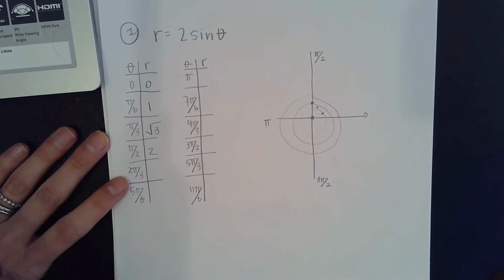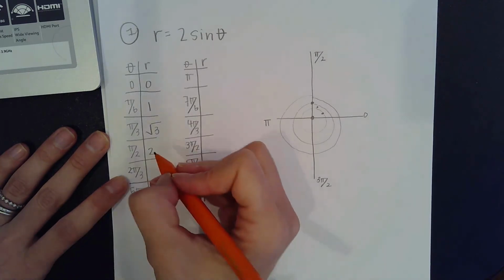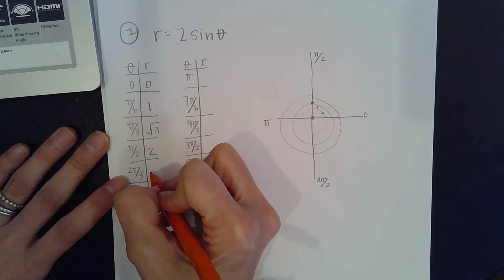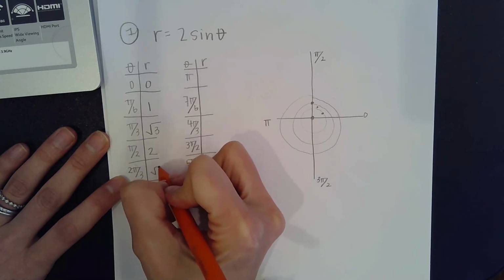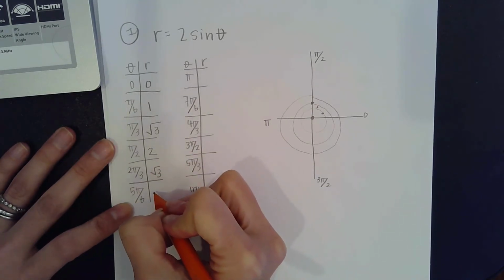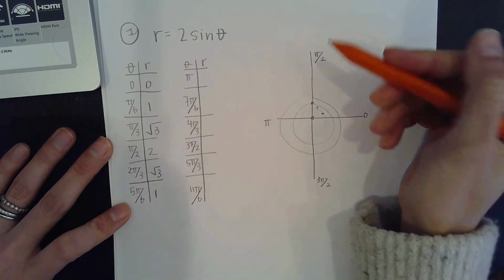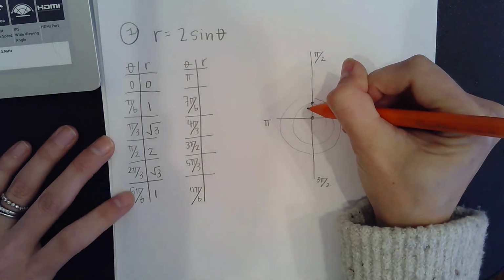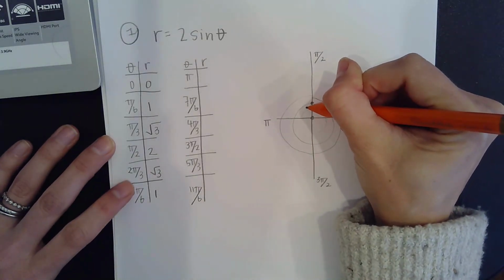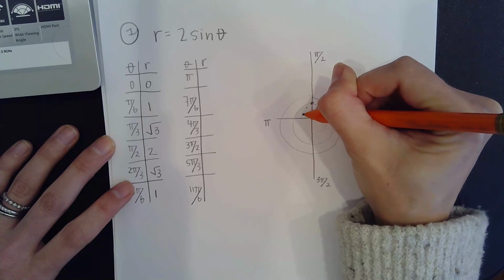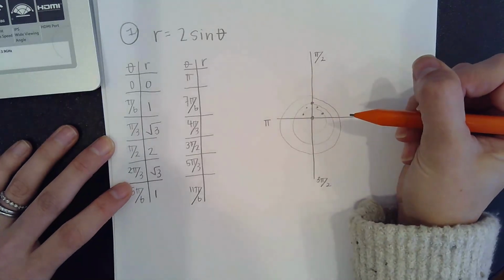Then at 2 pi over 3, sine of 2 pi over 3 is still square root of 3 over 2, which is just the square root of 3. Sine of 5 pi over 6 is 1/2, which is just going to be 1. So we're going to kind of go back down.